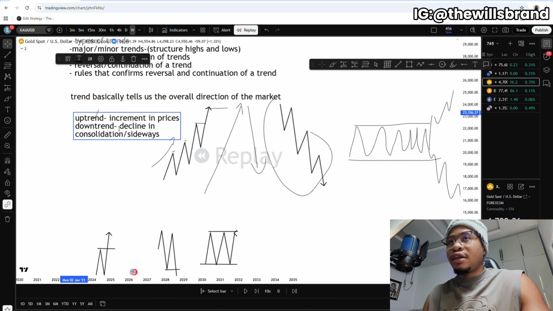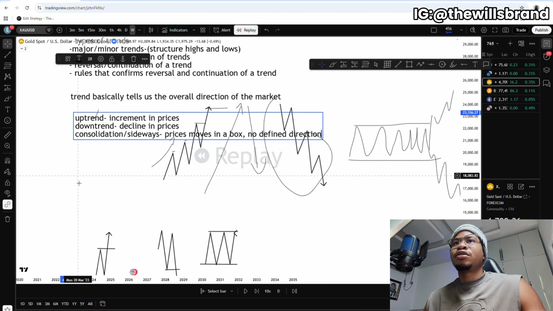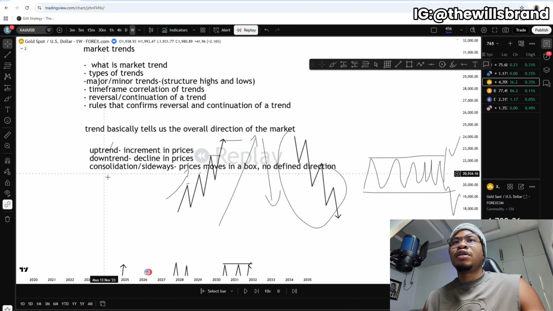All right, and for this, we see price moves in a box, no particular direction, or let's say no defined direction. I think that is a more correct way to put it. No defined direction, and that's basically it for the types of trends.